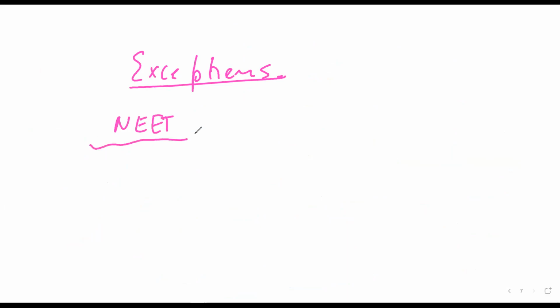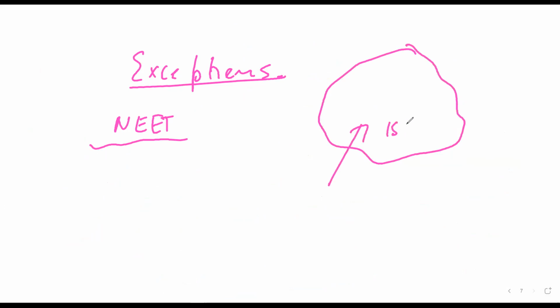And I'll tell you why chemistry becomes very simple and why people say that chemistry is very scoring. The best thing about chemistry is that there are only a limited number of questions that you can make in chemistry. Have you understood? So let us assume that there are 1500 chemistry questions.